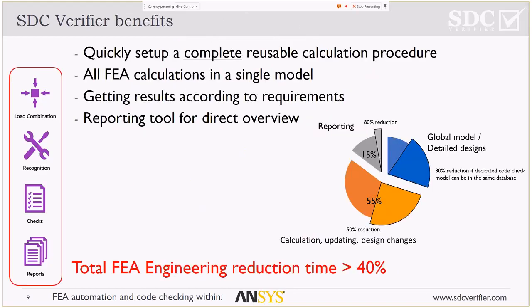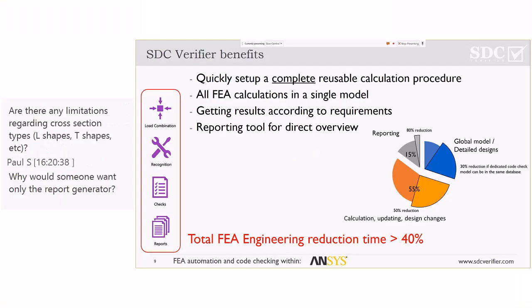Yeah, so if we look at the overall time benefits, besides all the calculation possibilities which we have extra to offer compared to the standard Ansys solution, it is also a very big time saver that you have a completely reusable calculation procedure, that you have only a single model to use for FEA calculation, so you don't need a separate code check program and Ansys for the detailed results or for the more complex simulation calculations.